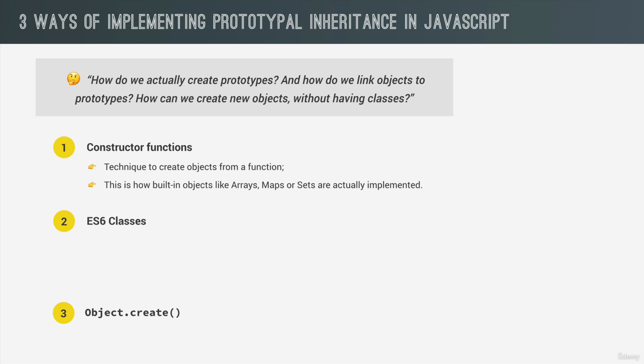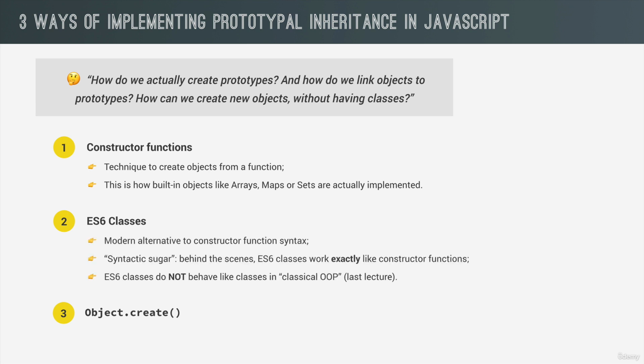Next, the ES6 release introduced classes into JavaScript. And so now ES6 classes are actually the more modern way of doing OOP in JavaScript. However, keep in mind that these are actually not the kind of classes that we talked about in the last lecture and in the last slide. They are instead just so-called syntactic sugar over constructor functions.